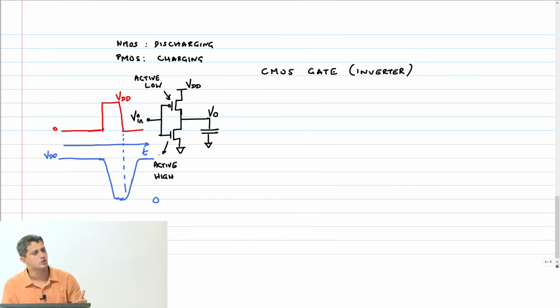Clearly, when the input is 0, the output is VDD. When the input is VDD, the output is 0, and therefore this is very naturally a CMOS inverter, right? In fact, all CMOS gates are naturally inverting gates. So you don't think of AND, OR gates, you think of NAND, NOR kind of logic in CMOS gates. Okay.